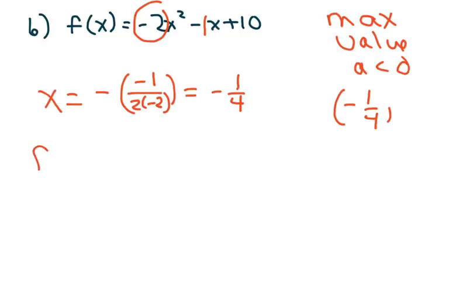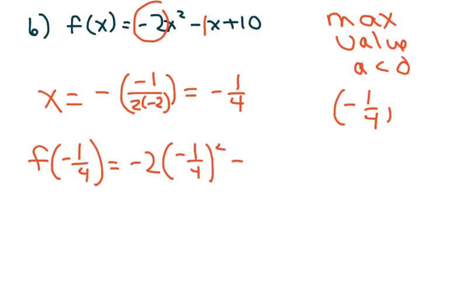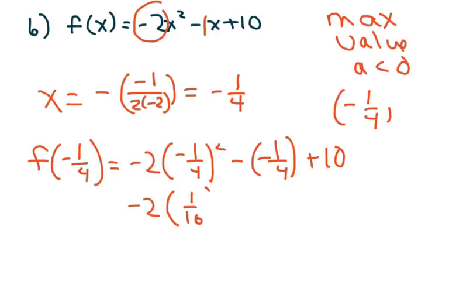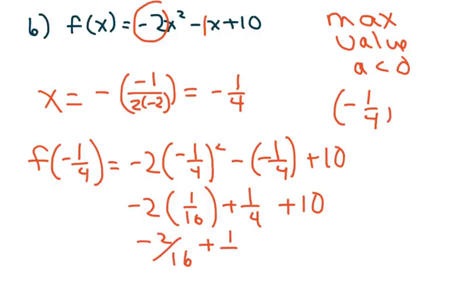So f of negative 1/4 equals negative 2 times negative 1/4 squared minus a negative 1/4 plus 10. So this is negative 2 times 1 over 16 plus 1/4 plus 10, which is negative 2 over 16 plus 1/4 plus 10.